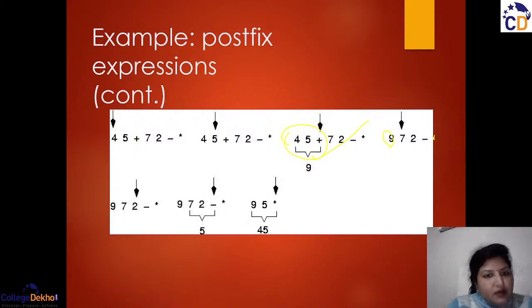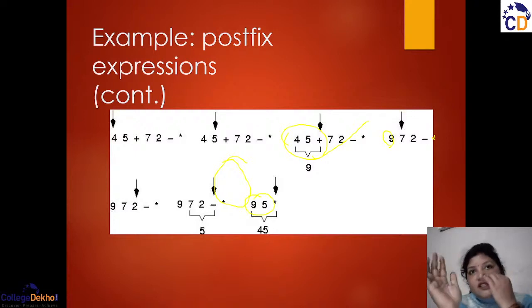That is minus. 7 minus 2 is 5. So now we are just evaluating 7 minus 2, the rest is the same: 9 and 5 would remain the same. Now which operator is left? Multiplication. 9 fives are 45.